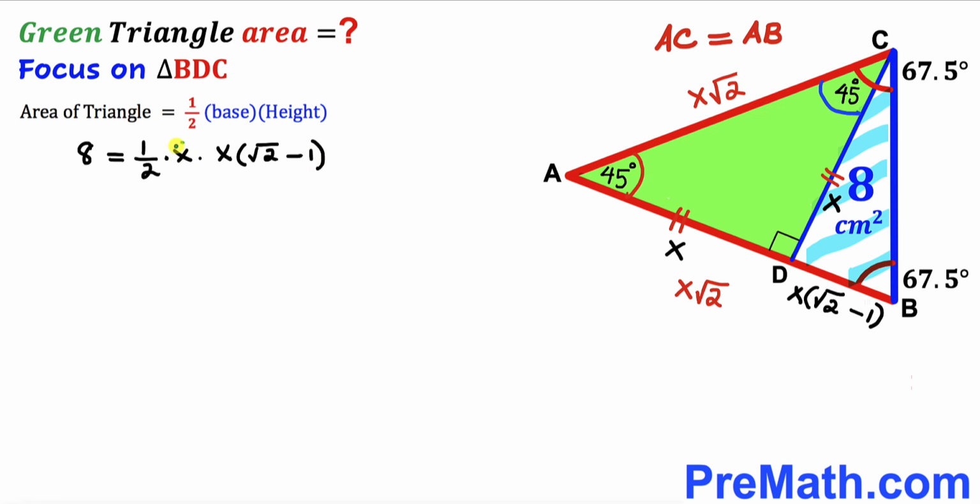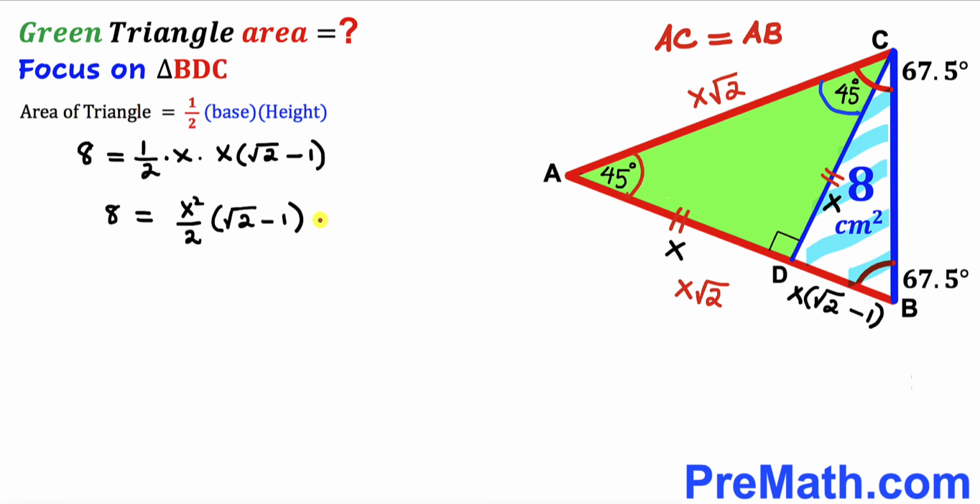And now here x times x is going to give us x squared. So therefore we could write 8 equals x squared divided by 2 times the square root of 2 minus 1.